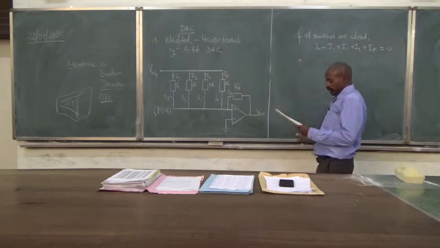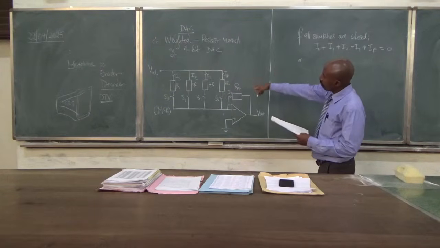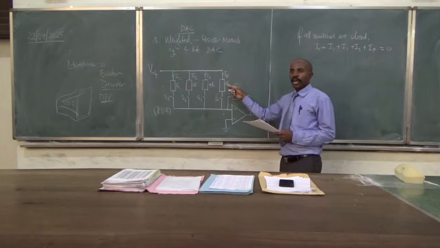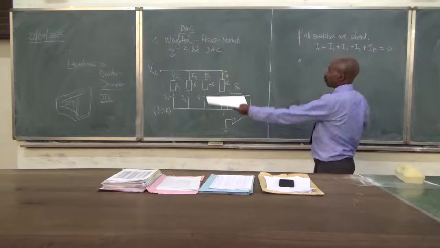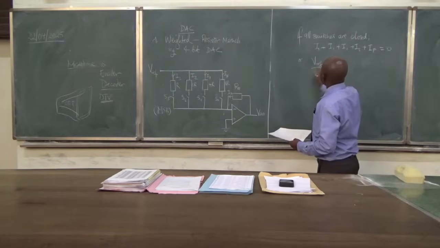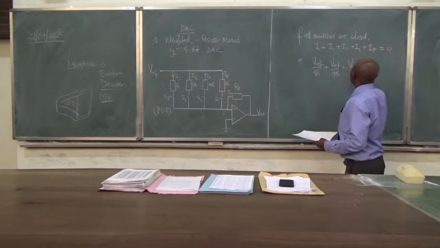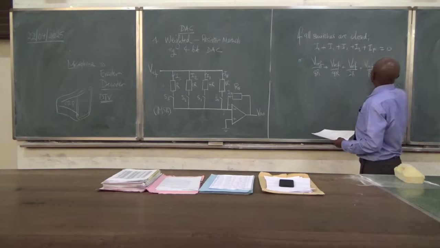So with Vref as the only one on, I naught is Vref over 8R. And of course we only have Vref, so all of them is Vref over 8R plus Vref over 4R plus Vref over 2R plus Vref over R.